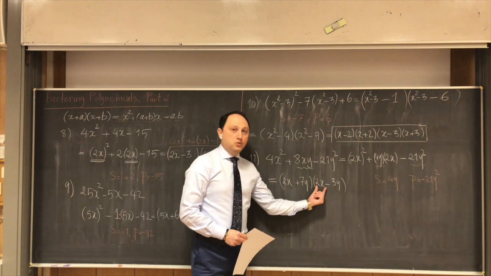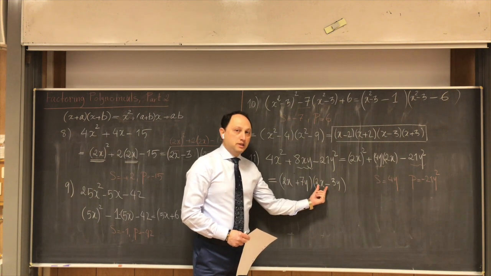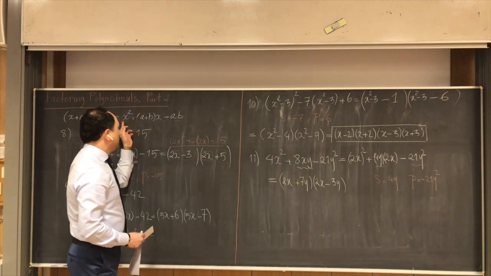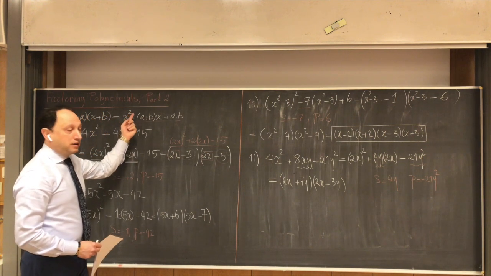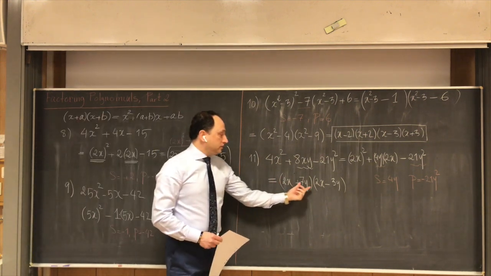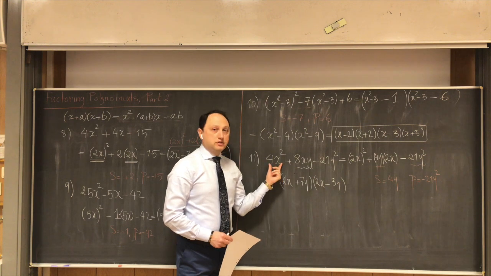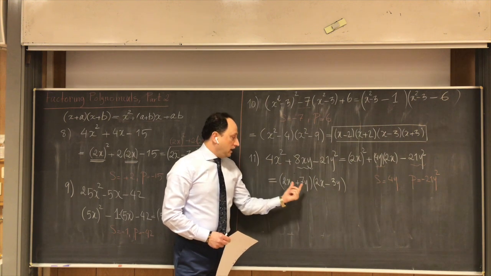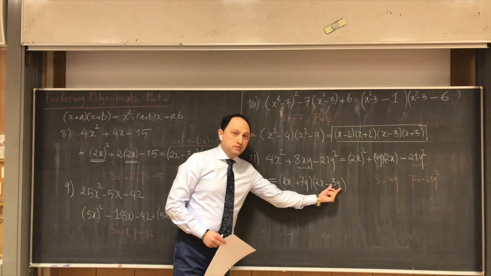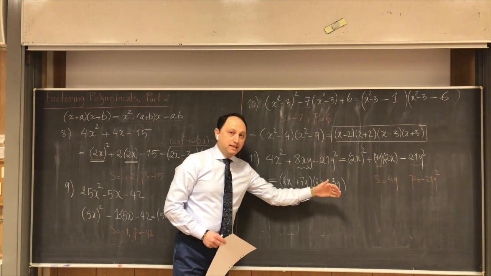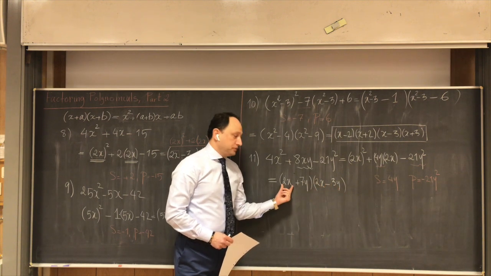Let us check again. This 2x will play the role of the common term. According to that identity, the common term will be raised to power 2, so it gives me 4x squared. And then I need to add these 2, which are not common, and then multiply the sum by the common term.